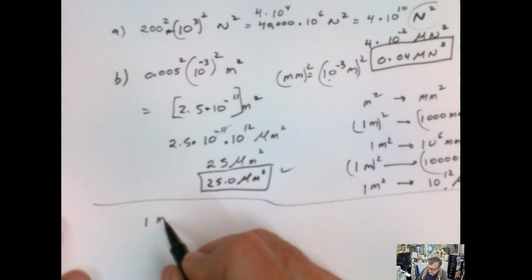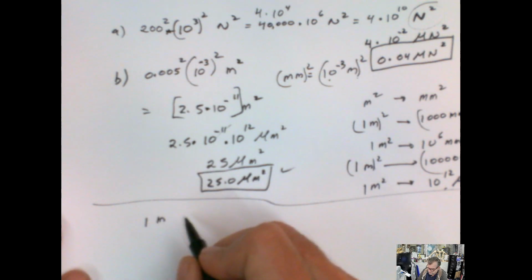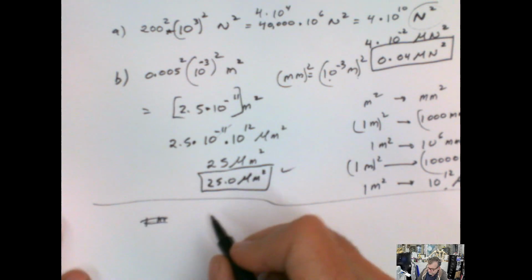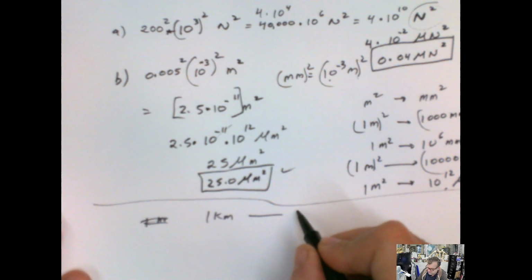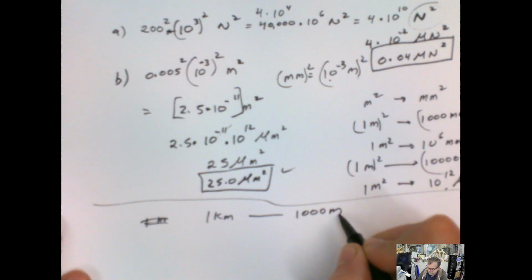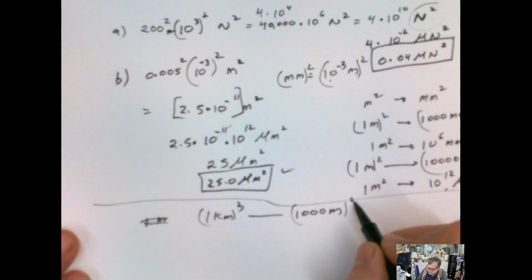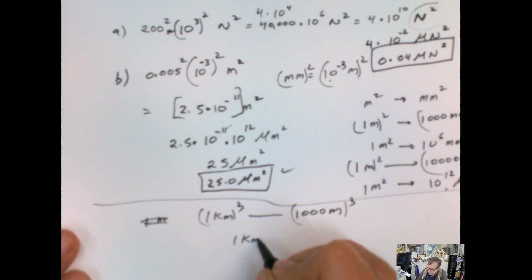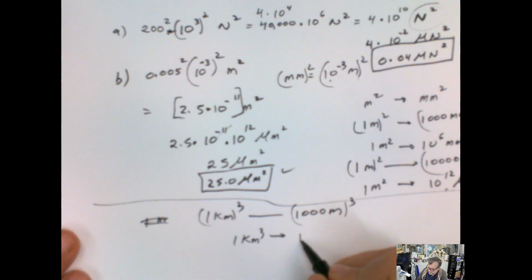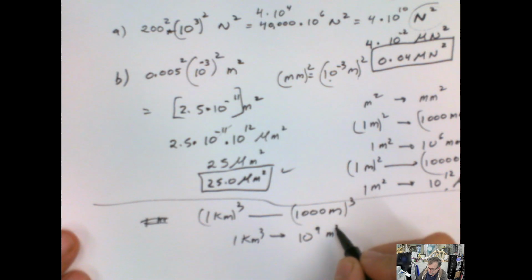So let's say that I want to scale up from meters to kilometers. 1 kilometer is 1,000 meters, so 1 kilometer cubed is 1,000 meters cubed. So 1 kilometer to the third will be 10 to the third to the third, 10 to the 9 meters cubed.